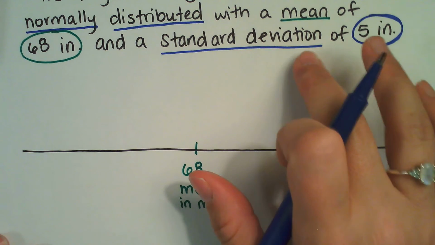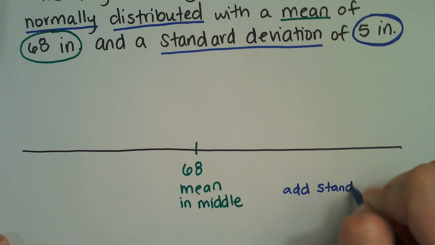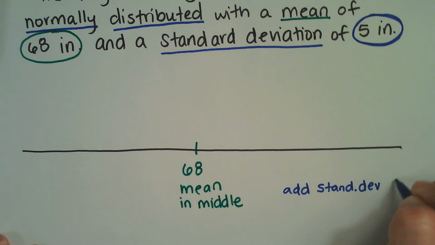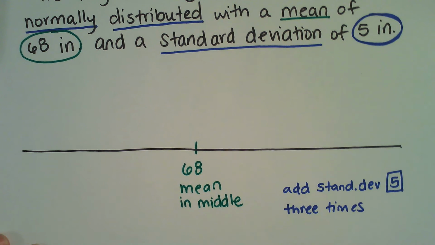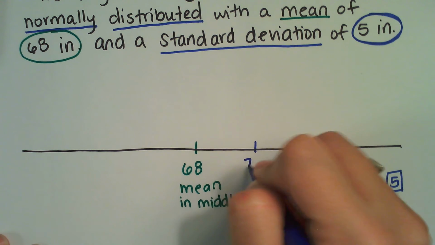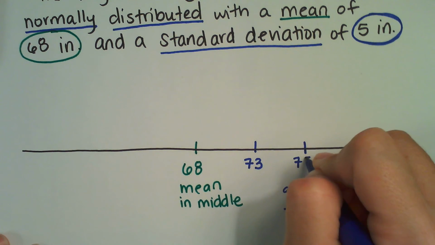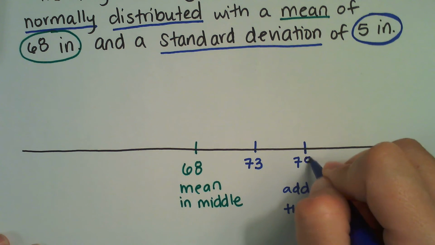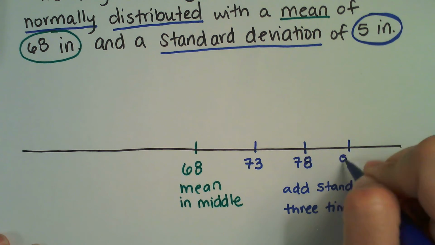So what we do with that standard deviation, we're going to add the standard deviation three times to that 68. So I'm starting at 68, plus 5 would be 73. Plus 5 again would be 78. And then plus 5 again would be 83.